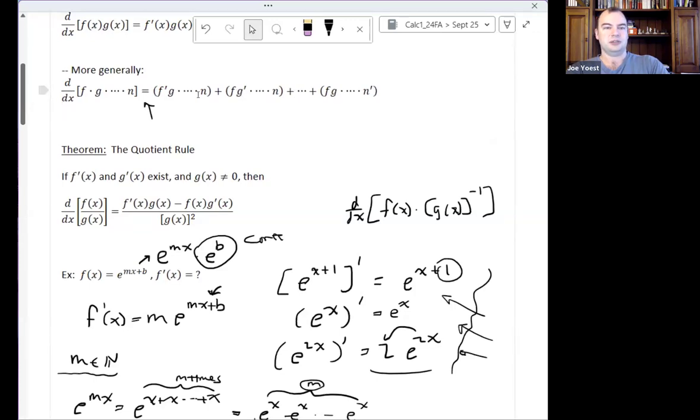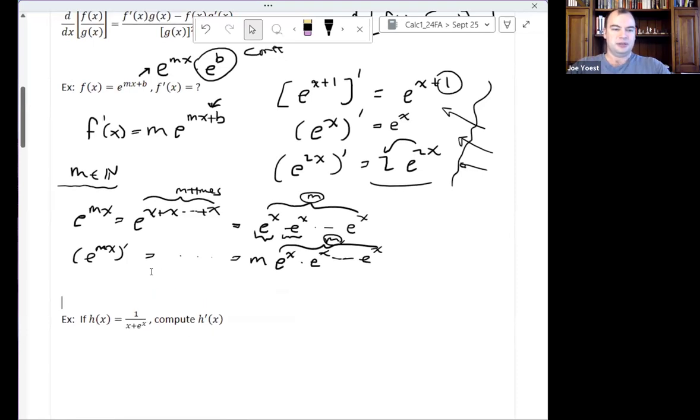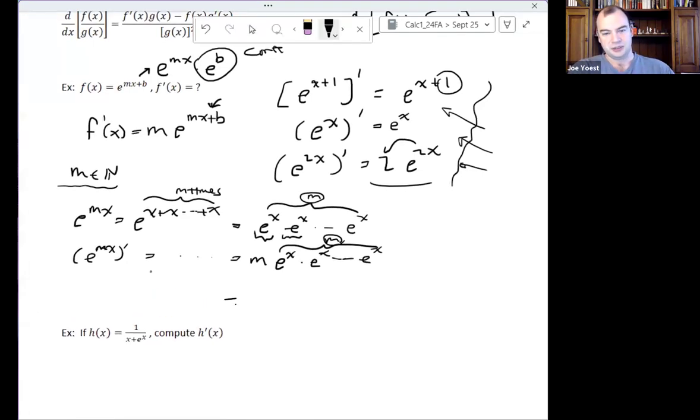So all of these copies are just the same as the original product. So I have m times that original product, which is m e to the mx. And that, combined with the understanding of what happens to the constant bit, we have really proven that this is true, but in the special case of m being a natural number.